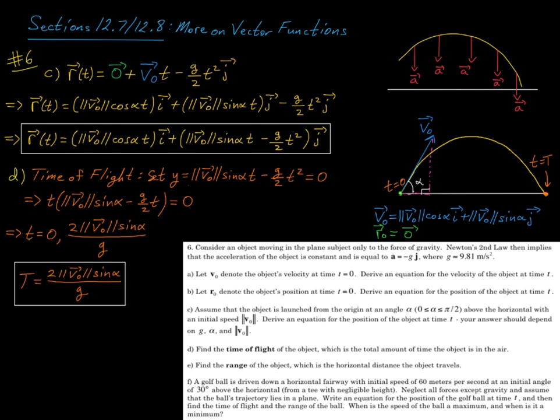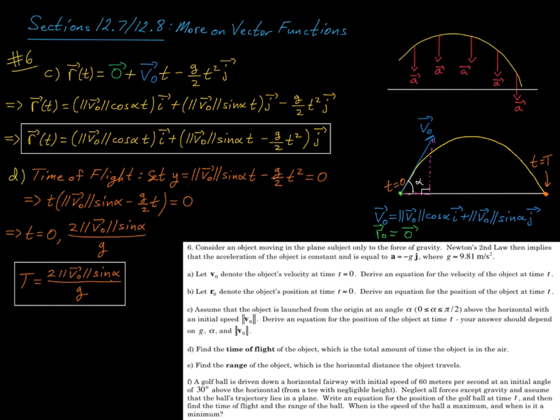And so I get two solutions. t is equal to 0, and from this other factor, 2 times the initial speed times the sine of alpha over g. Now when t is 0, that's just when we're launching the object. So we want this other solution, and so we conclude that the time of flight there is twice the initial speed times the sine of alpha over the gravitational constant g.